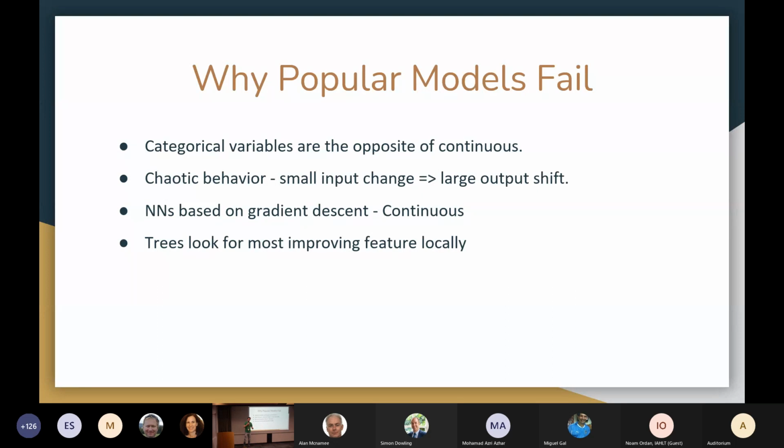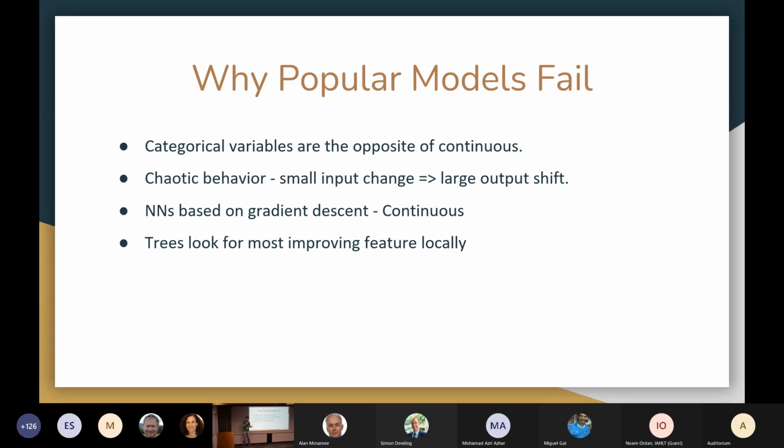This is exactly what we have here. I changed merely one parameter, say the language from Russian to Chinese, and suddenly the output shifts completely from being very unlikely to be fraud to being very likely to be fraud. So we have a huge output shift with just a minor input shift. In general, this is very uncontinuous behavior.